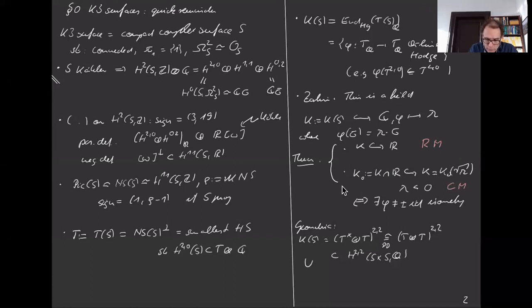And the totally real subfield K0 then corresponds to the symmetric classes, so those classes that are invariant under swapping the two factors.